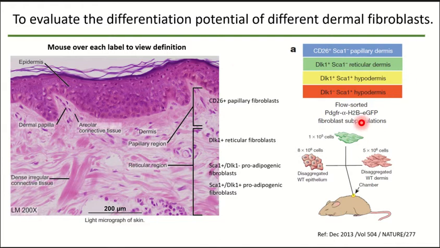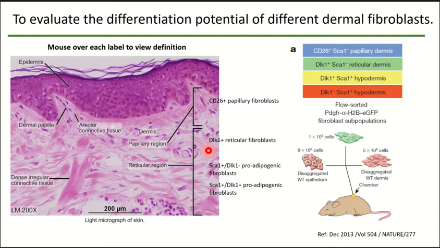Previous studies have shown that the dermis of newborn mice contains 4 types of fibroblasts located in specific parts of the dermis. CD26 positive papillary fibroblasts make contact with epidermal progenitor cells in the upper dermis.